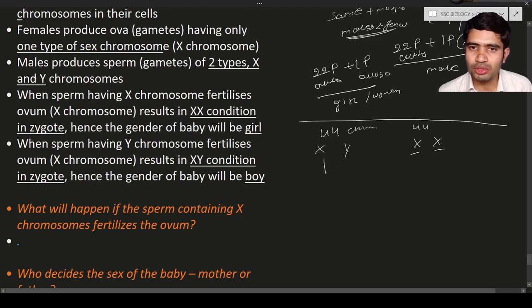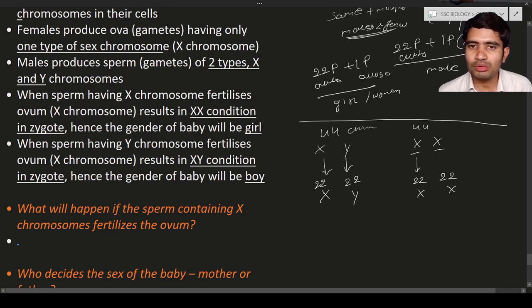They are going to produce two types of gametes: 22 plus X and 22 plus Y in males, and 22 plus X and 22 plus X in females.